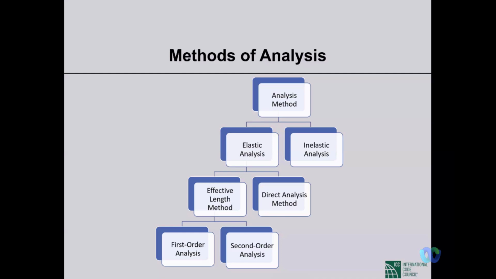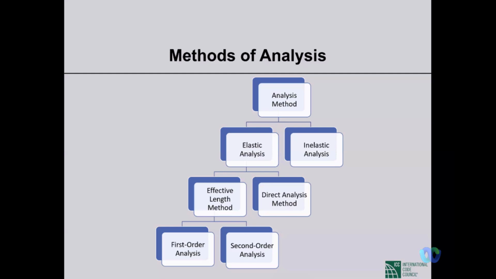So actually our code allows us, for elastic analysis, to consider the effects we have been talking about in an indirect way. There are two types of analysis methods, elastic analysis and inelastic analysis.